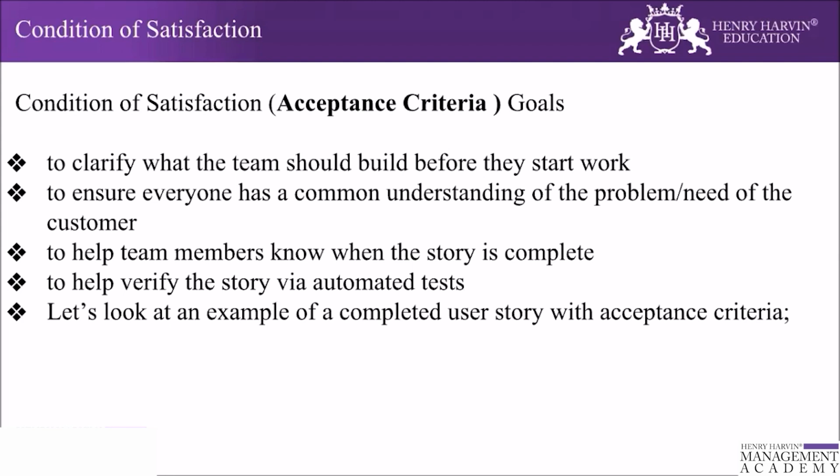But there are a few points that need to be covered in the acceptance criteria: to clarify what the team should build before they start work, to ensure everyone has a common understanding of the problem or need of the customer, to help team members know when the story is complete, and to help verify the story via automated tests.